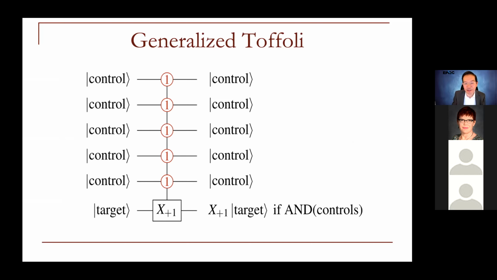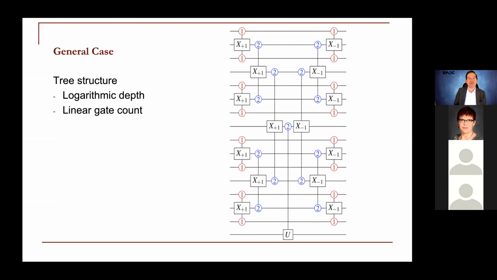Now, we can also do this a lot faster. In parallel, we can build a tree. And so then for n controls, it will take log n time. But in order to build the tree, we will need n ancilla. So we need essentially twice as many qubits to be able to do this faster. Right? So we're going to do this with qtrits, and we're going to build this log tree.